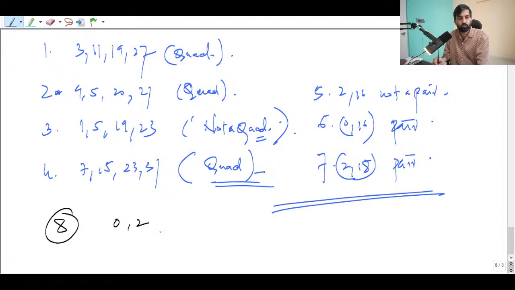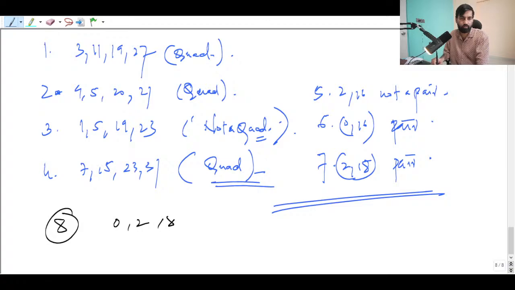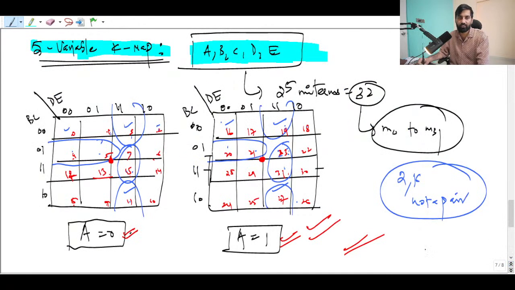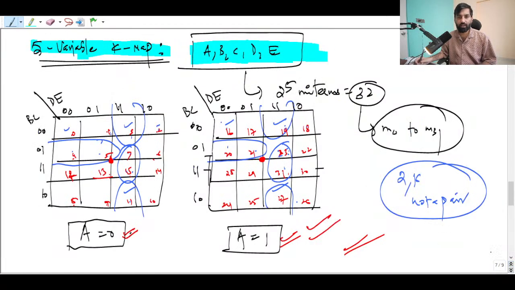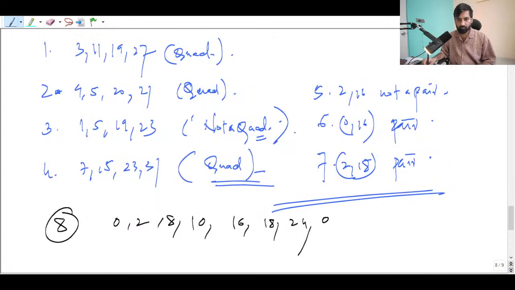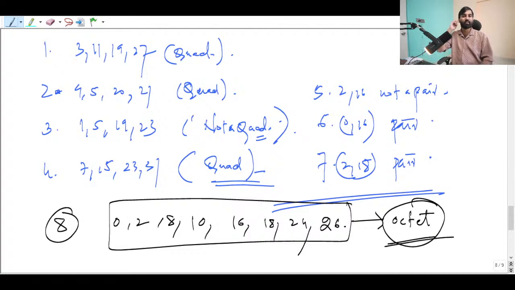0, 2, 8, 10, 16, 18, and 26. If you combine all the corners, that will give you the octet. This guy will give you the octet. So there are some rules you have to remember for 5 variables, so that life is very simple.